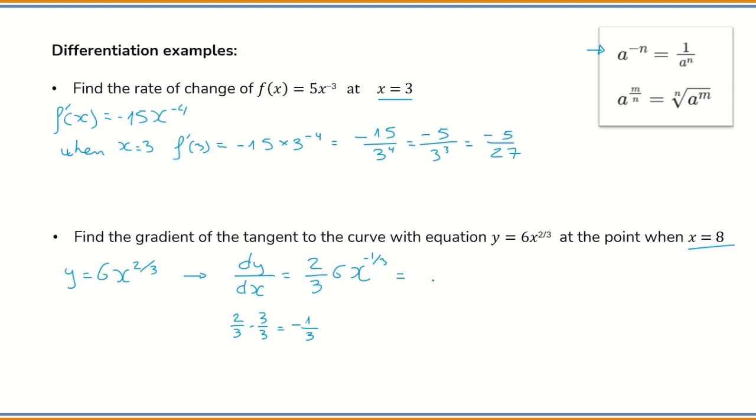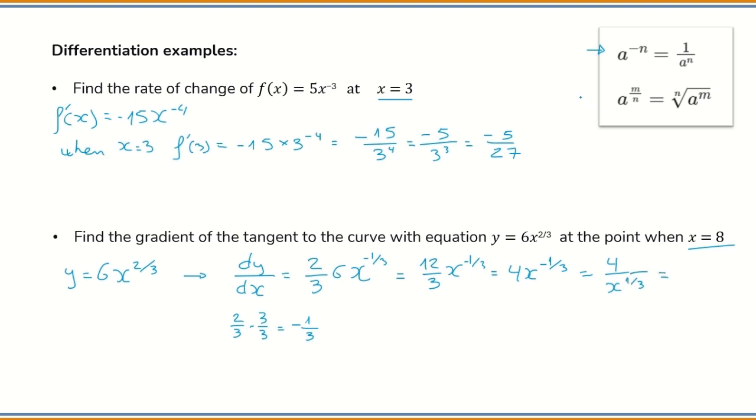And this is 12 over 3 x to the power of minus 1/3. And this is 4x to the power of minus 1/3. I can use this law of indices, and this is 4 over x to the power of 1/3.